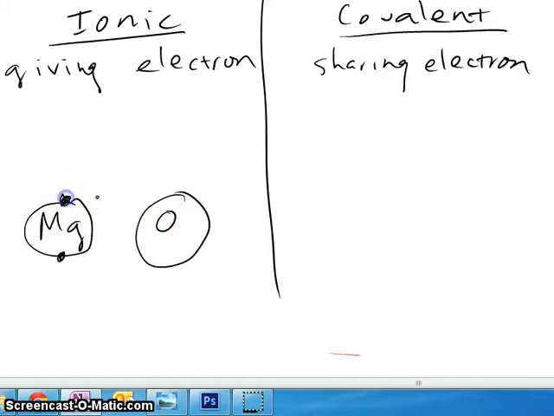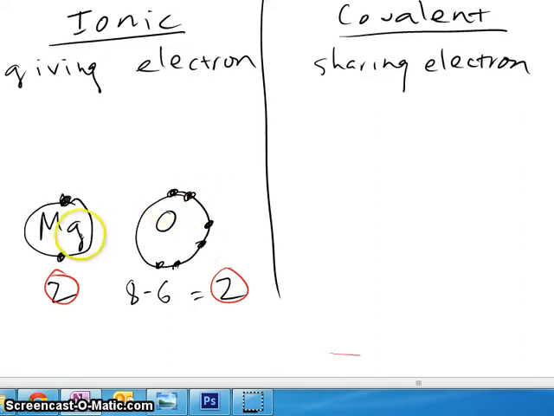Oxygen has 6 electrons, and it wants, here's the key word, 8. So 8 minus 6 is 2. That means oxygen wants 2, magnesium has 2, so that's all good.